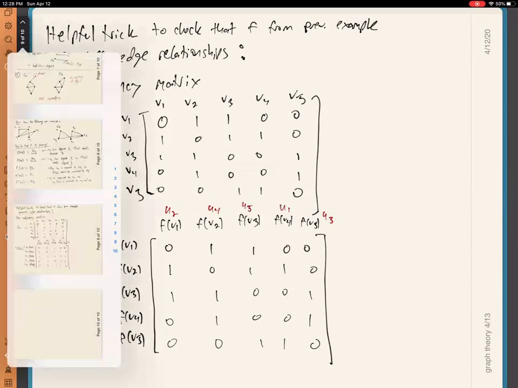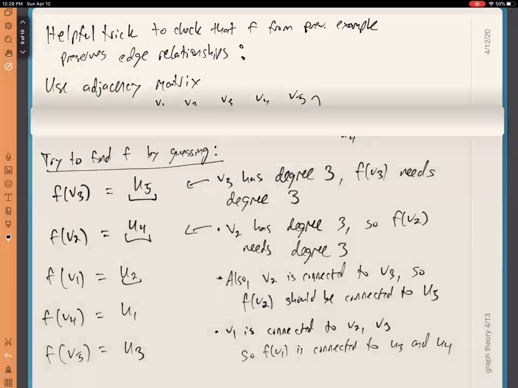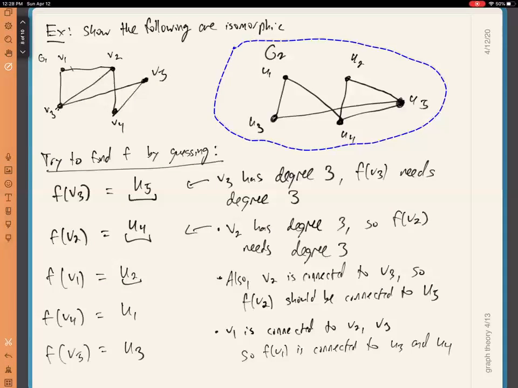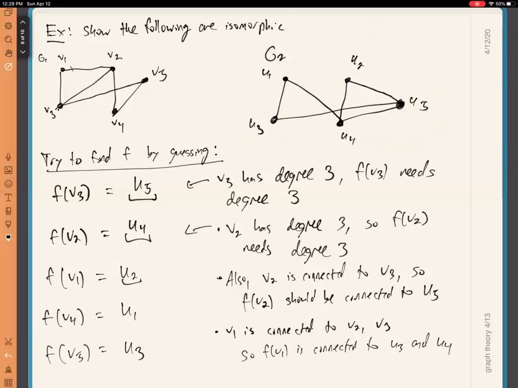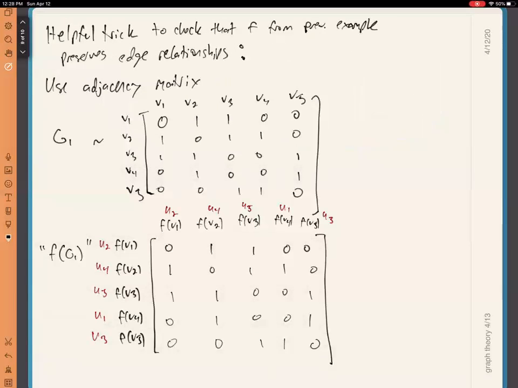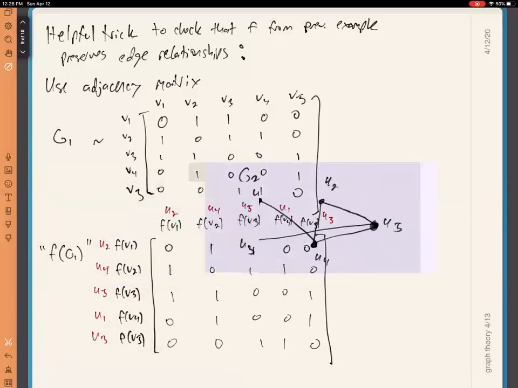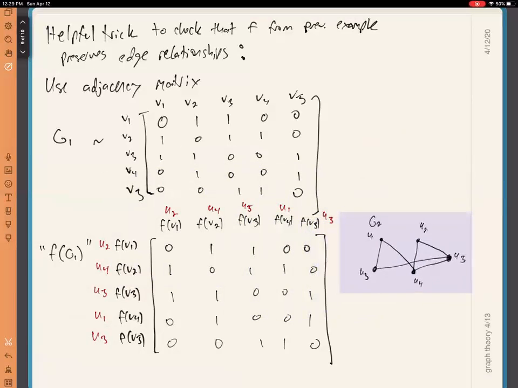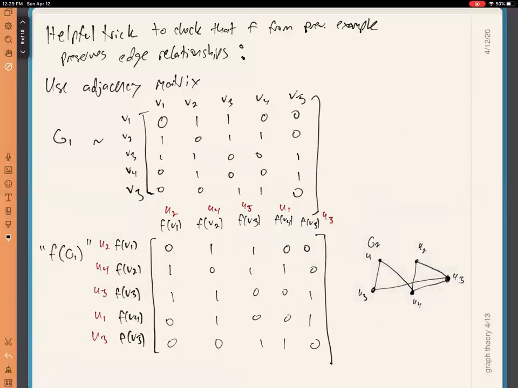So why is this the case? Let me just copy this picture over. So this is my G2, and you can check that all the ones and zeros here are in the proper places.